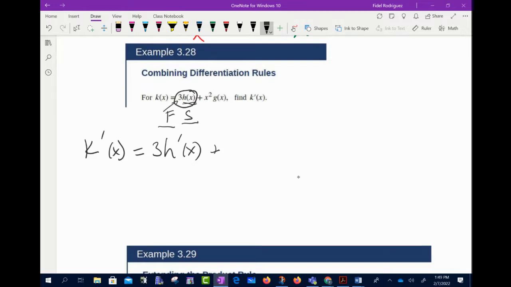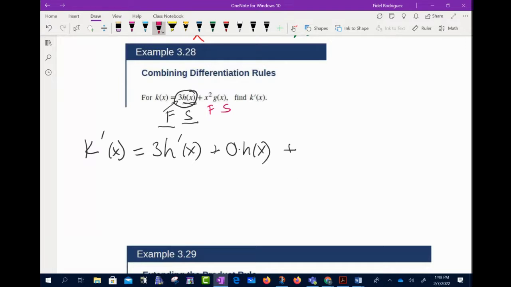What is the derivative of 3? 0 times the second function, which is just h of x, right? Okay, now y'all, I'm going to apply that same principle right here. I'm going to do it again because I have another product. You see what I mean?